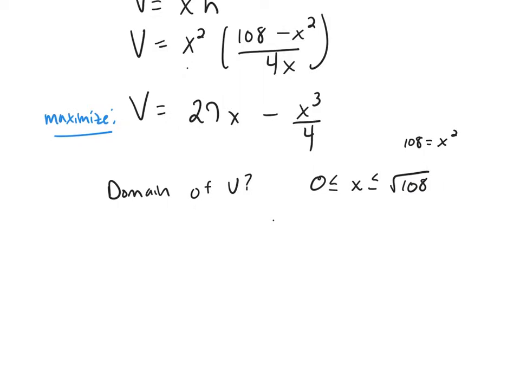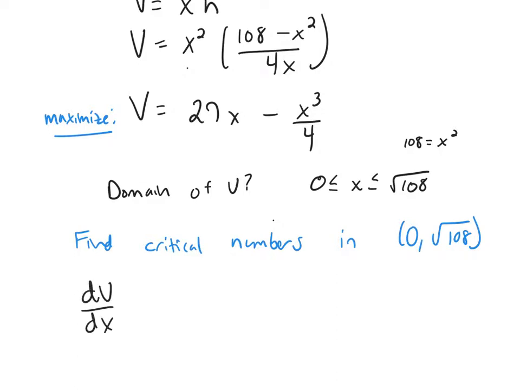So now we're going to find the critical numbers in this interval. So take your derivative of V with respect to x, dV/dx. It'll be 27 minus 3x squared over 4.